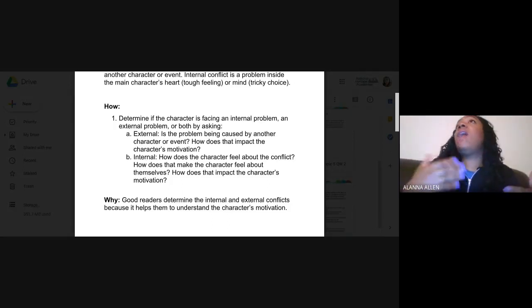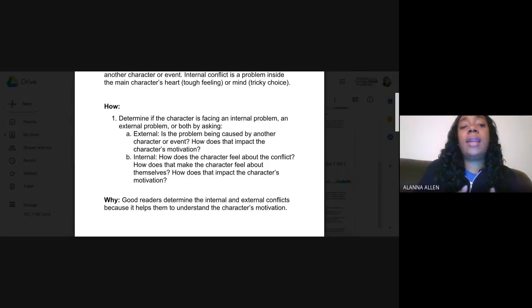How does this affect maybe the character's motivation over time? Sometimes you can't determine this within a few pages. Maybe it takes you a little bit longer to determine the motivation and how it changes throughout time in the story. B, internal. How does the character feel about the conflict? How does that make the character feel about themselves? How does that impact the character's motivation?